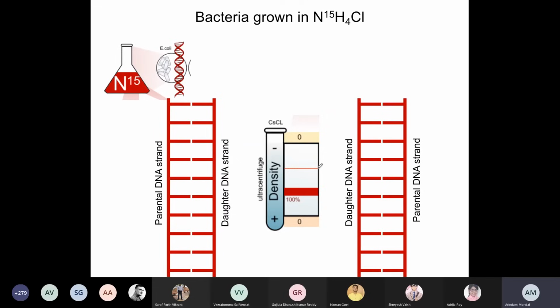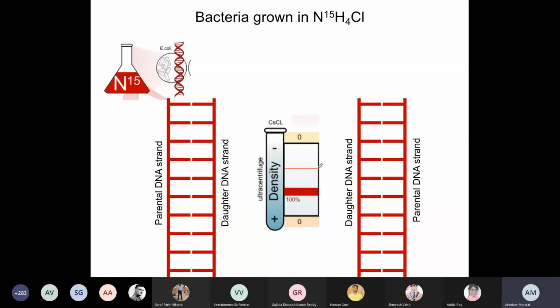This is the beauty of this experiment: utilizing density gradient centrifugation, you can distinguish the same DNA molecule having N14 in one case and N15 in the other. Because there are so many bases in the DNA and all of the bases contain 2 to 3 atoms of nitrogen, the overall mass difference will be really high. And you should be able to distinguish N15 containing DNA from N14 containing DNA.